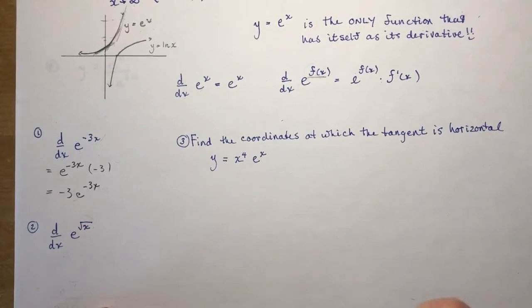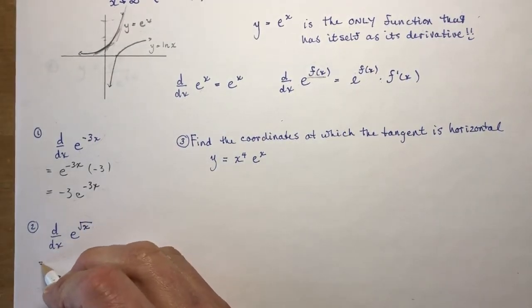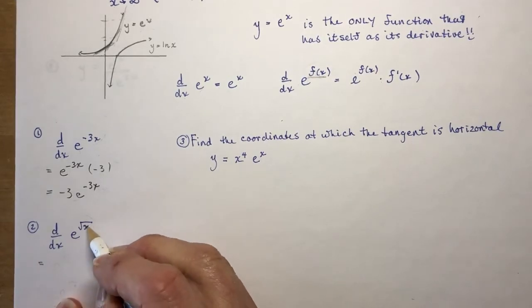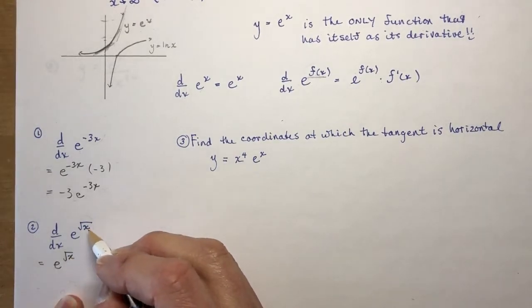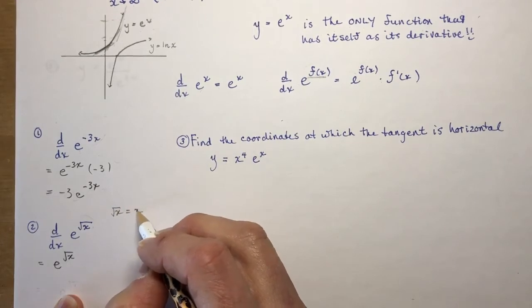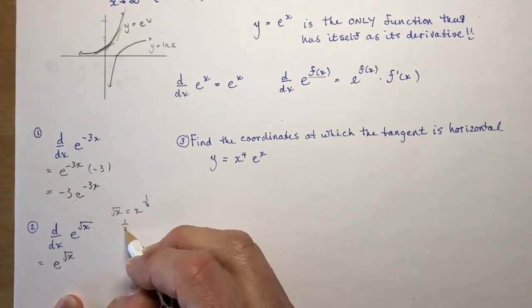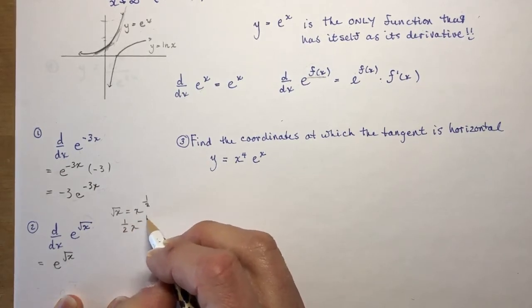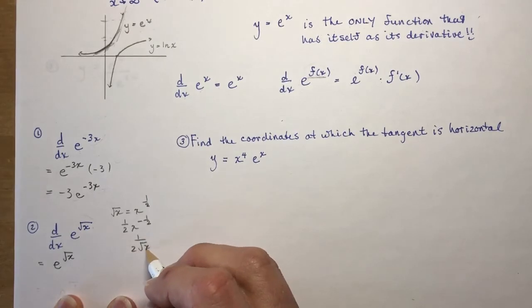Okay, let's take a look at this one. This is just warming you up. The derivative of e to the root of x: I write e to the root of x out first, and then I take the derivative of the root of x. The root of x, as you remember, is x to the 1/2, and if I take the derivative of that, I get 1/2 x to the minus 1/2, which is 1 over 2 square root x.